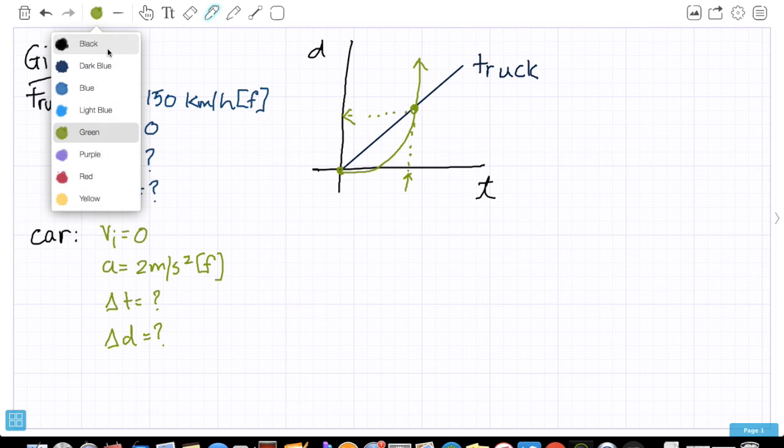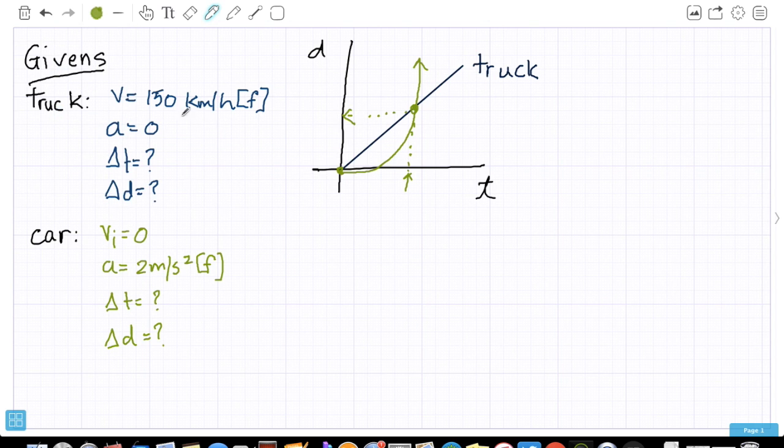So let's start with expressing everything we know about the car. We're going to use a kinematics relationship that has all of these characteristics. The kinematics relationship that I'm looking at is delta D is equal to V I times delta T plus a half A delta T squared.